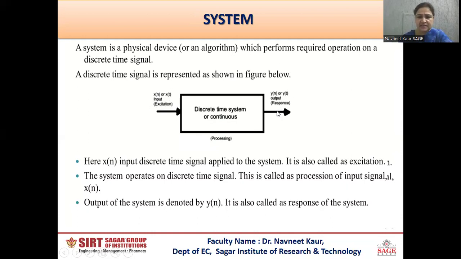After processing through the system, I get the output y[n], which is called the response or output of the system. This system can be a discrete time system or continuous time system, depending upon the type of the input and output signal.